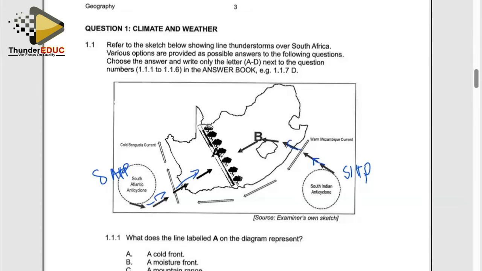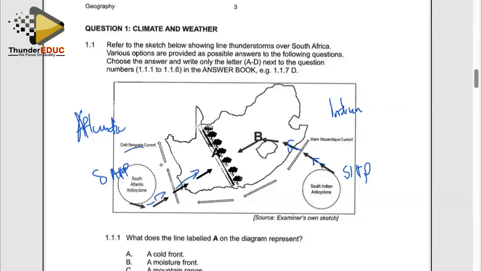So we need to analyze the two extreme oceans that we have. On the eastern part, we're talking about the Indian Ocean, and on the western side, the Atlantic Ocean. The Atlantic Ocean is dominated by the cold Benguela current.